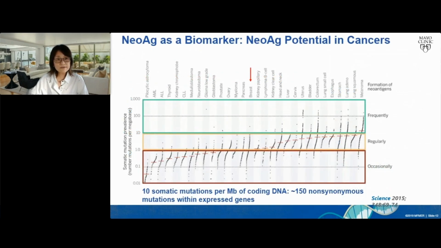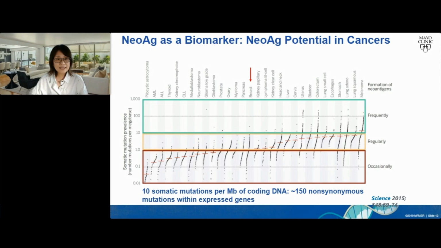This 2015 Science paper grouped the tumor's ability to produce neoantigens based on TMB, as shown in the y-axis. The cancers in the green box with high TMB, such as melanoma and lung cancers, are predicted to frequently form neoantigens, while the tumors with low TMBs to the left, such as some of the hematologic malignancies, only occasionally form neoantigens.